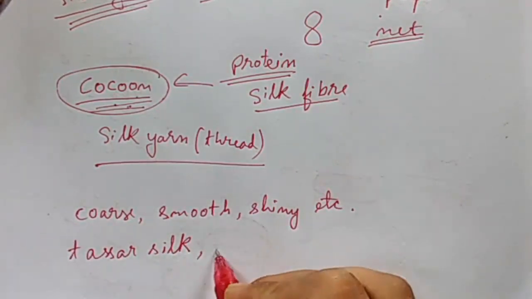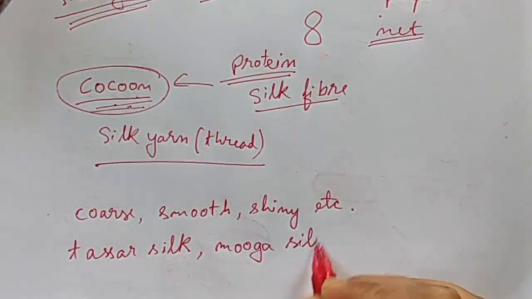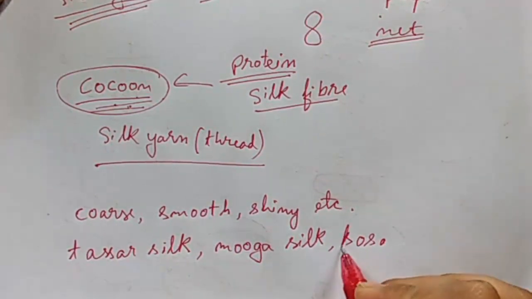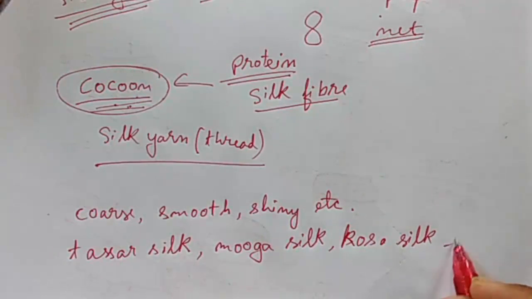Tassar silk, Muga silk, Kosa silk. These are some examples of silk obtained from cocoons spun by different types of moths.